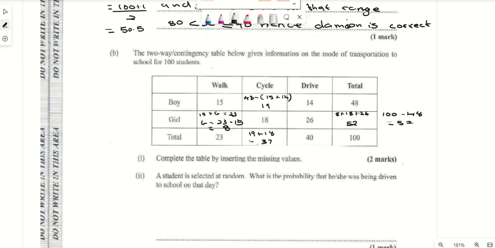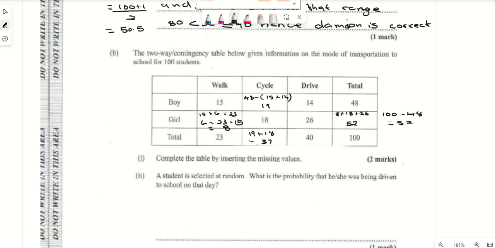For girls, you could have said 100 minus 48, because girls would be remaining. If there's 48 boys, and when you add up girls and boys, you get 100. You could have subtracted to get 52. Or you could have added up all the girls, which is 8 plus 18 plus 26, which is also 52.